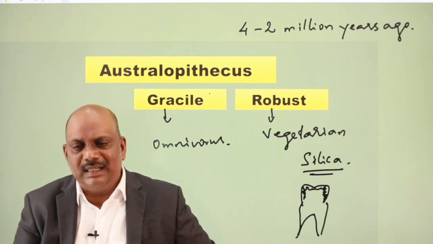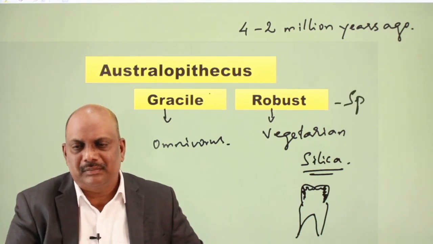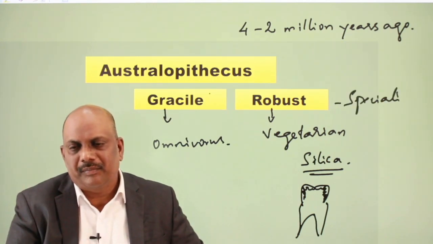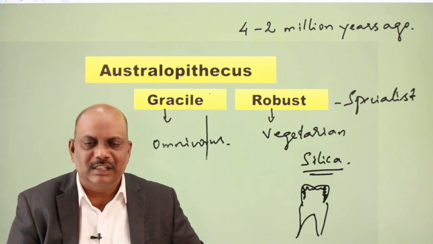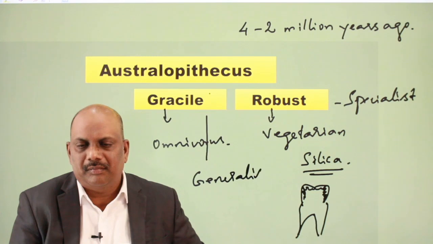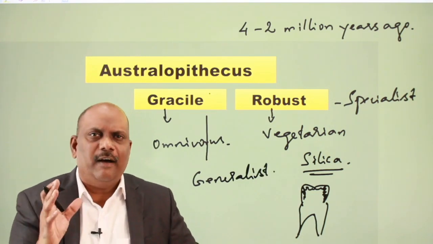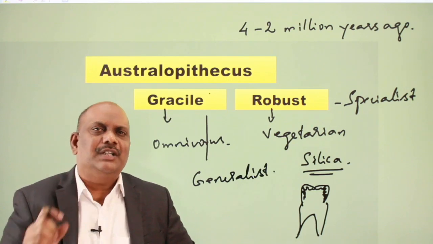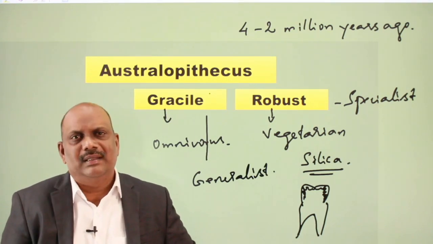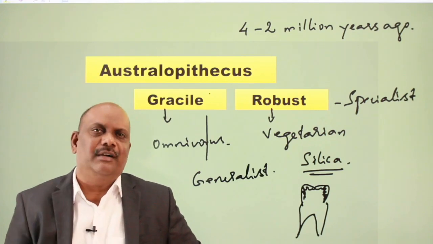In an ecological sense, we can call robust a specialist, and gracile a generalist. Specialist means they have a very narrow range of food habits. They just eat only very few food items.